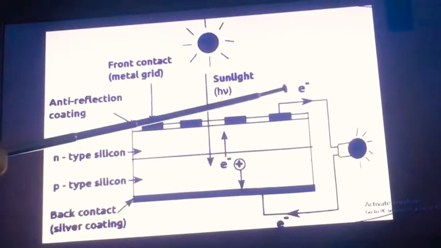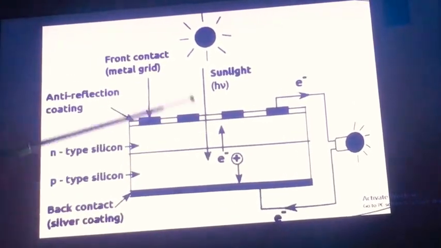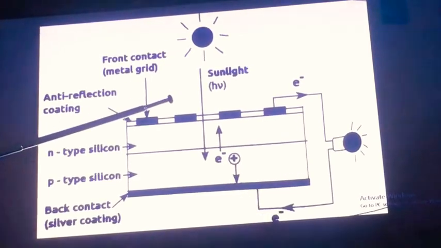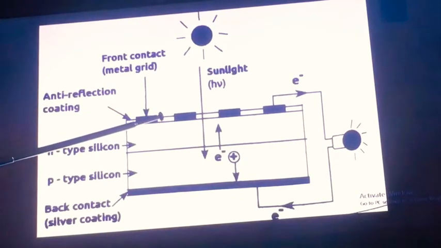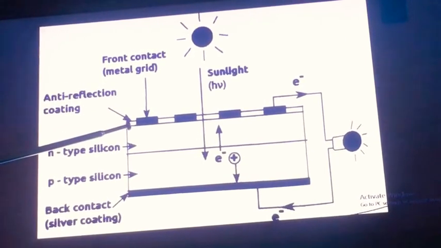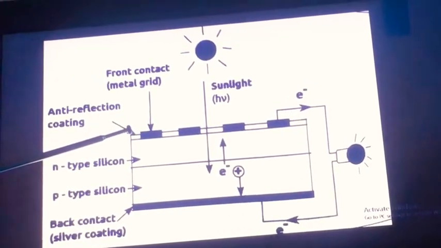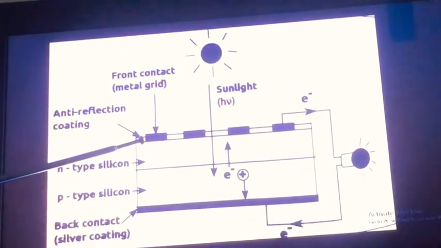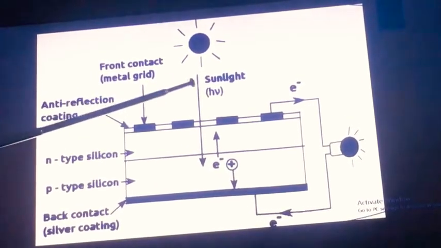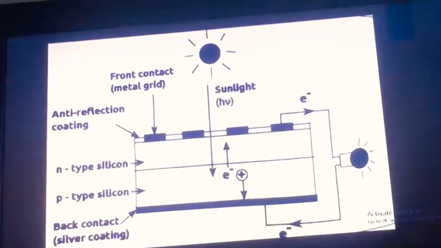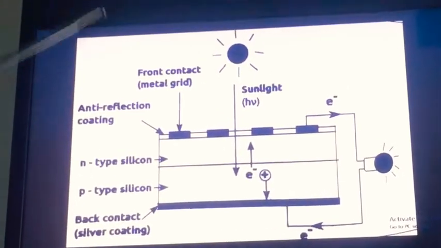Both terminals are connected to an external source. The top surface of the N-type semiconductor between the grids is coated with an anti-reflection coating, done either using silicon nitride or titanium dioxide. This anti-reflective layer increases the amount of light that is transmitted to the semiconductor. So this is the construction of a photovoltaic cell.